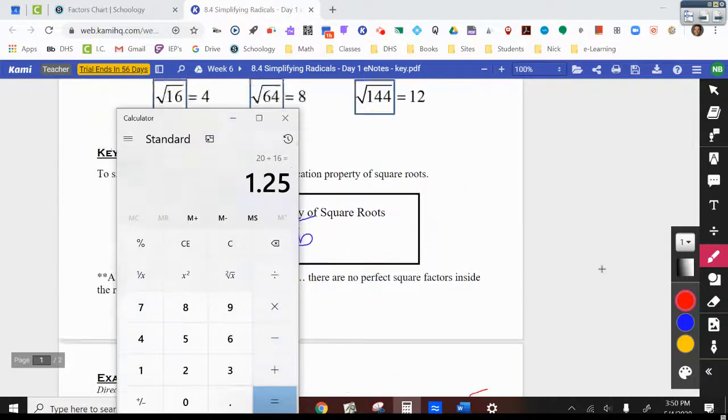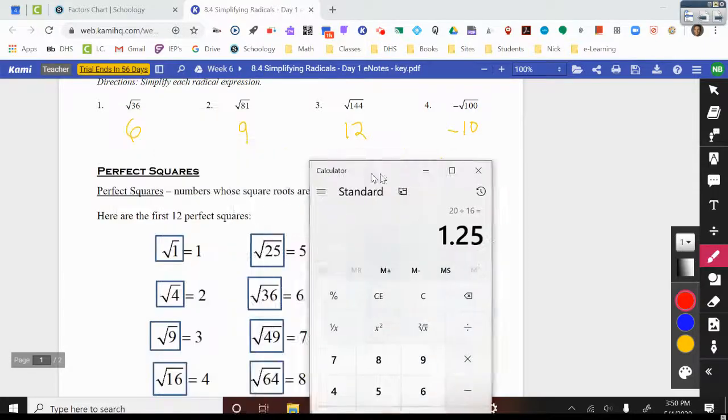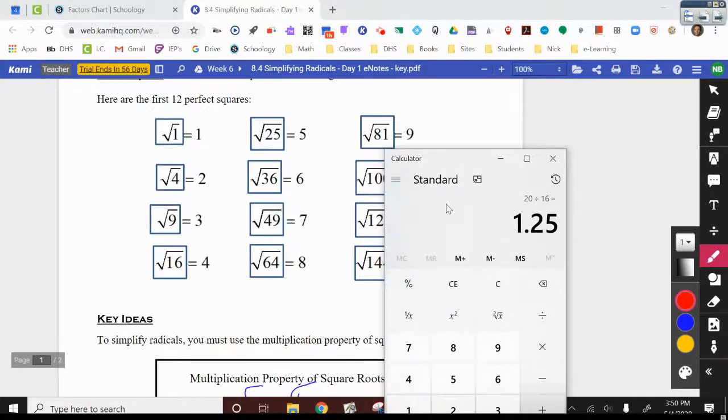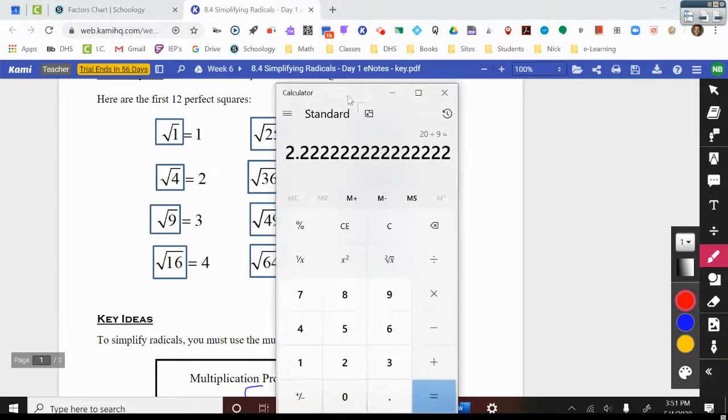Nope, that's 1.125. How about 20 divided by 9? Is that going evenly? Nope, that's 2.222. That doesn't work. How about 20 divided by 4?